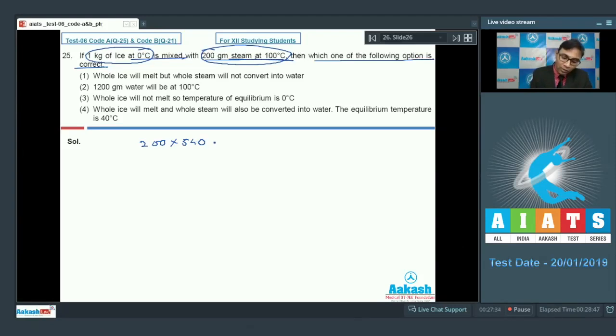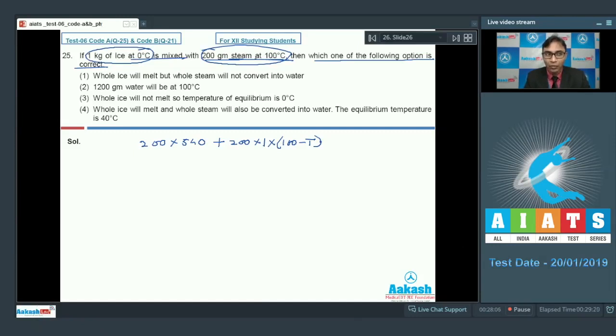Now the temperature of the water will fall, and the formula for this will be mass into specific heat into delta T. So mass is 200 gram into specific heat of water, which is 1, into delta T. Let's say our final temperature is T, so the temperature fall will be from 100 to T. So this is our total heat released by the steam, right?